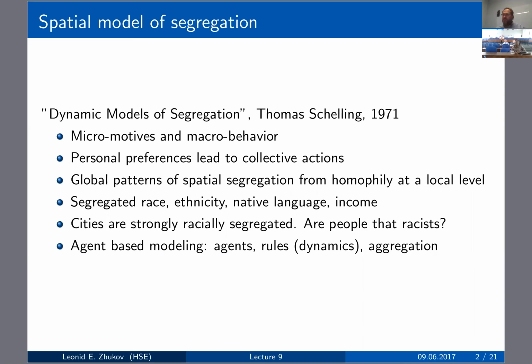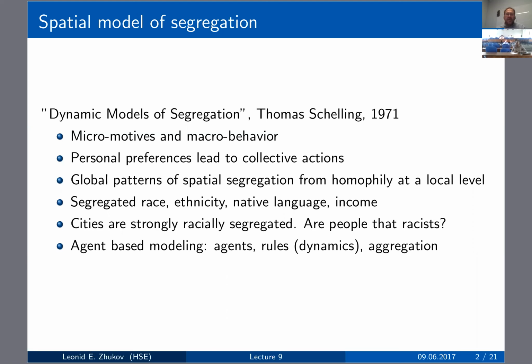And this is in spite of the fact that the majority of people are actually quite tolerant to living among people of different race. In fact, America is completely mixed up in terms of the race and ethnicity of the people who live here. But at the same time, we still see a strong expression of segregation in terms of where people live.